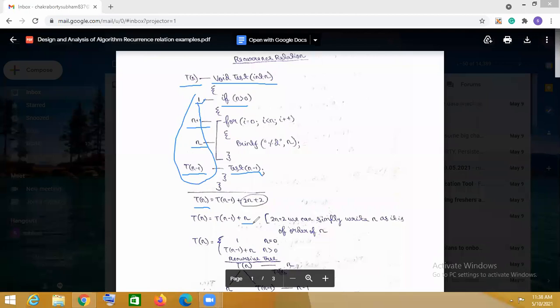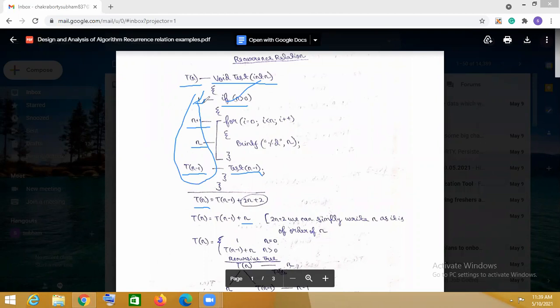That's why, in the previous example, I did not take the value of this condition, because it would again be order of n. That value is not so important.